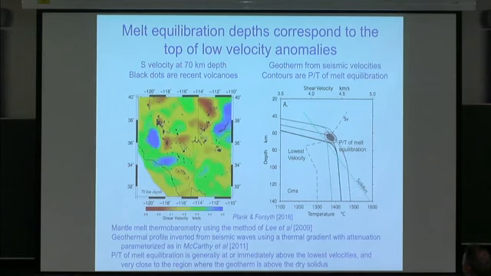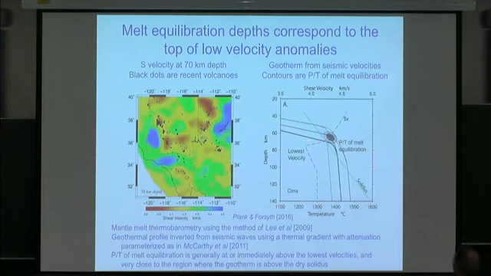So in general, what we're seeing when we compare petrology and the seismic results is that the melt equilibration depth is generally at or immediately above the lowest velocities. And in this diagram here, this dotted blue line is the seismic velocity profile.